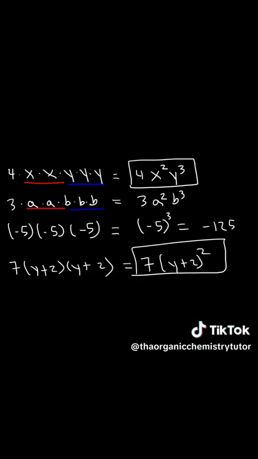So now you know how to take an expression in its expanded form and write it as a single monomial. Sometimes you may have problems where you have to work it in reverse. So for example, go ahead and expand this monomial completely.